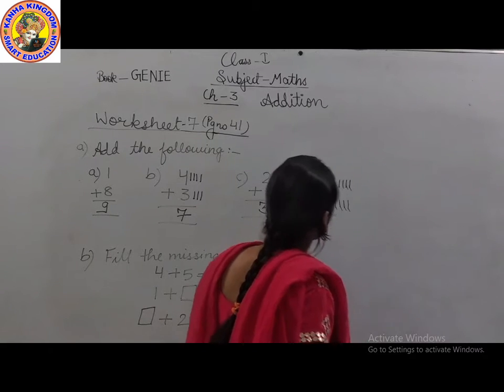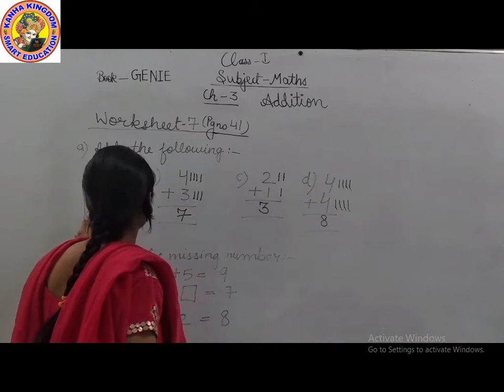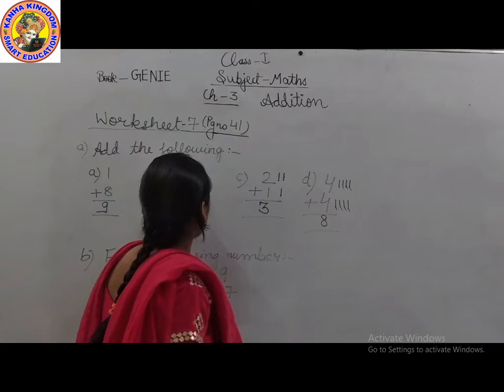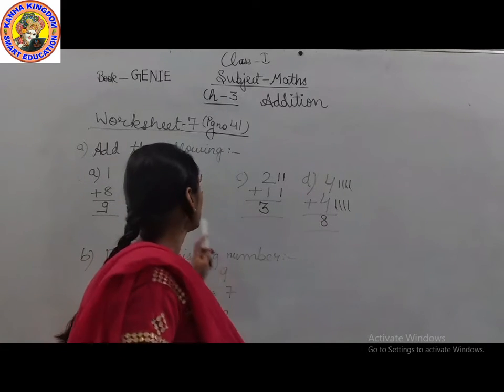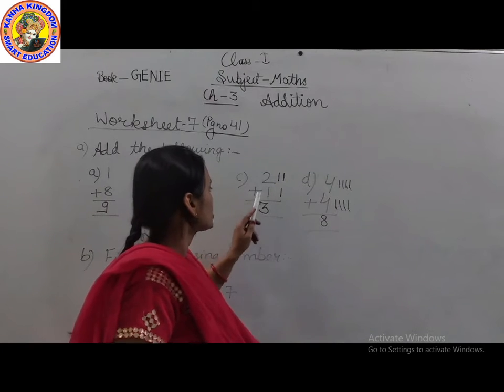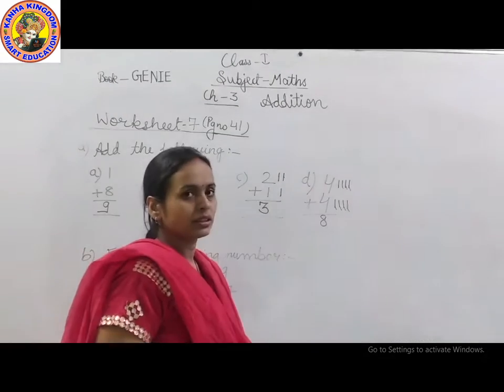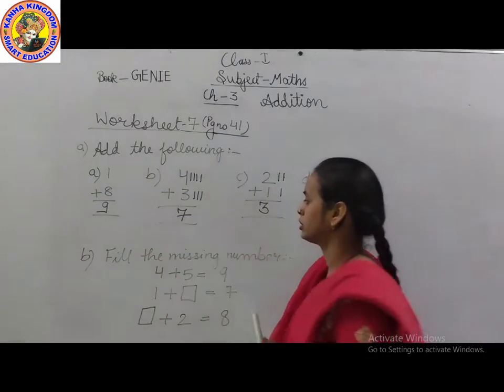So 4 plus 4 is 8. 1 plus 8, 9. 4 plus 3, 7. 2 plus 1, 3. 4 plus 4, 8. Now next question is fill the missing number.